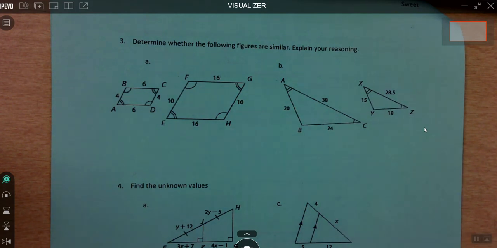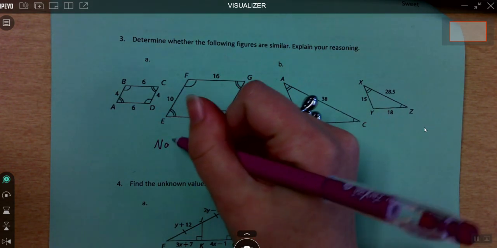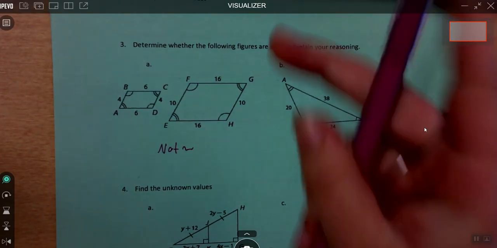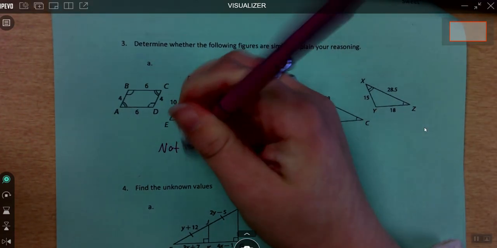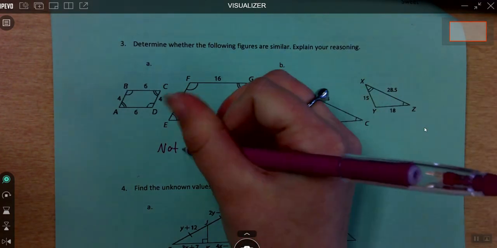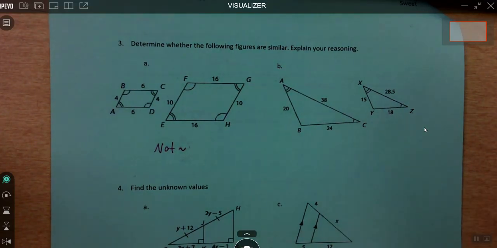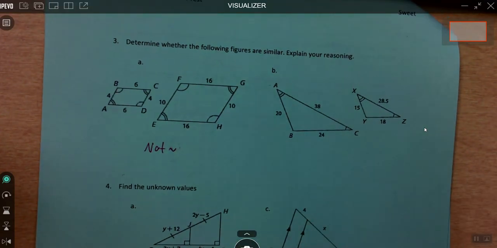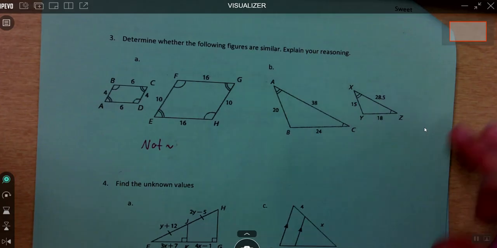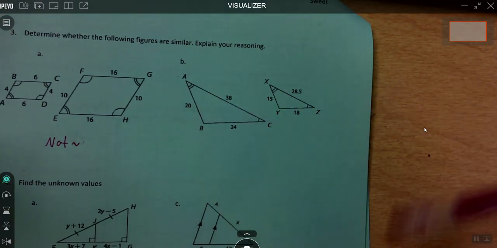A, not similar. If you wrote a proportion, you would have seen that the scale factor is not proportional on both sides. These are parallelograms. We cannot use angle-angle, side-side-side, or side-angle-side, because these are not triangles. Okay, what about my other side?